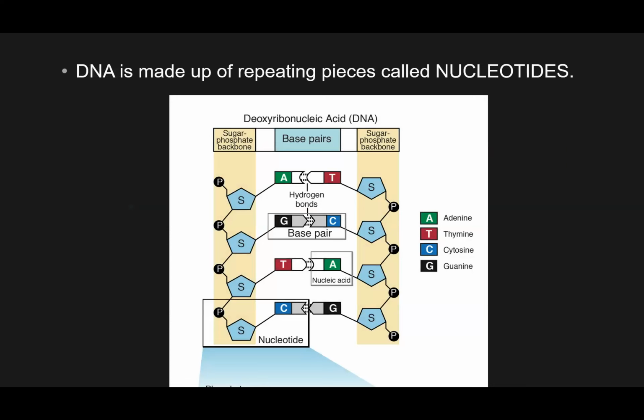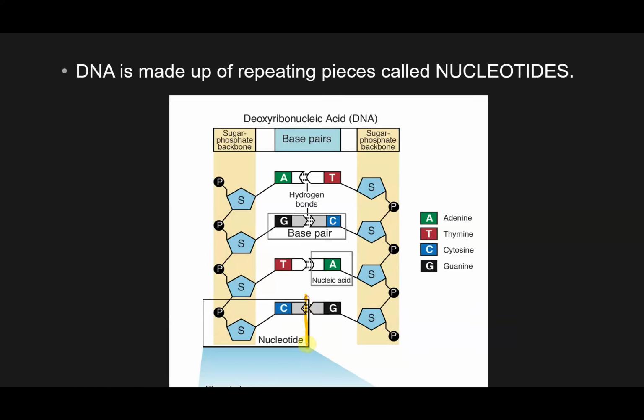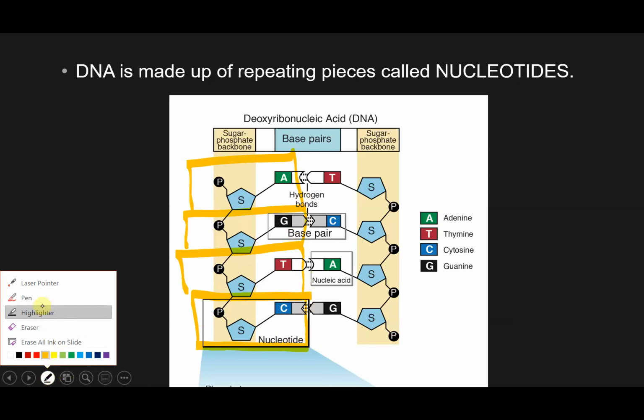Okay, so as it says in the video, the DNA is made up of repeating pieces called nucleotides. So a nucleotide is this area that again is highlighted in this box here on the right hand side. So this is a nucleotide, and you can see the nucleotides have 3 portions to them, as were mentioned in the previous video.